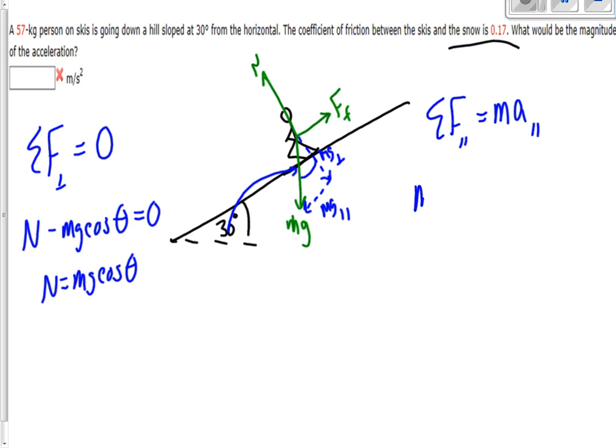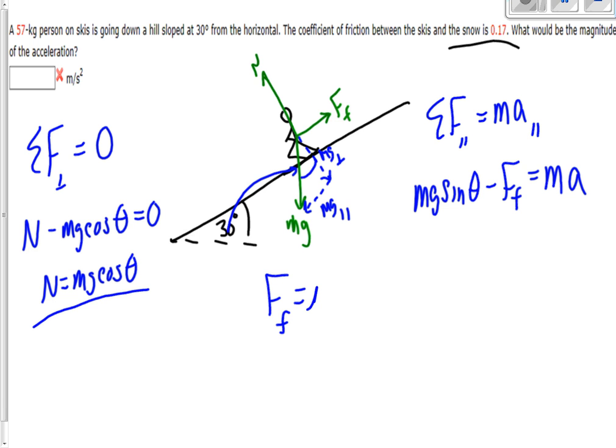So I'm going to say mg sine theta minus the friction force has to equal the mass of the skier times his acceleration. This is where the perpendicular information is important because I do know a new relationship here. Friction force is equal to the coefficient of kinetic friction, because he's sliding, times the normal force.